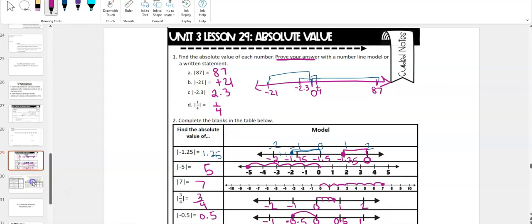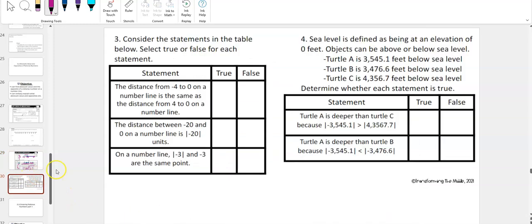All right, one more piece. So on these word problems, they have tricky sentences we have to say true or false to. The distance from -4 to 0 on a number line is the same as the distance from 4 to 0 on a number line. True or false? True. The distance between -20 and 0 on a number line is the absolute value of -20 units.